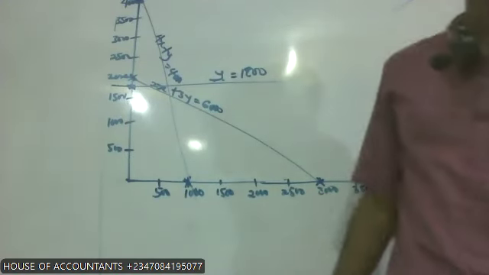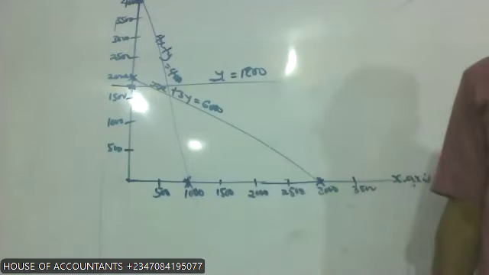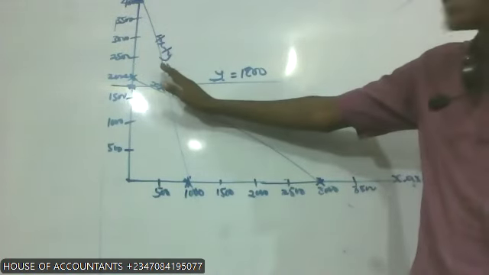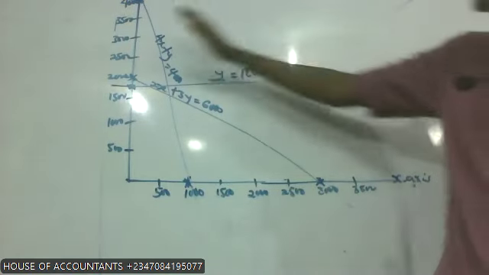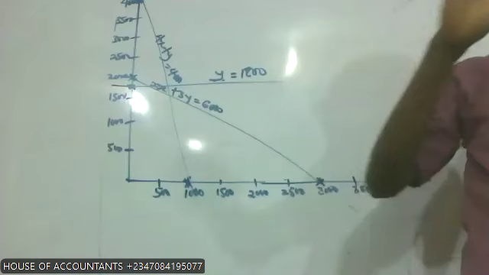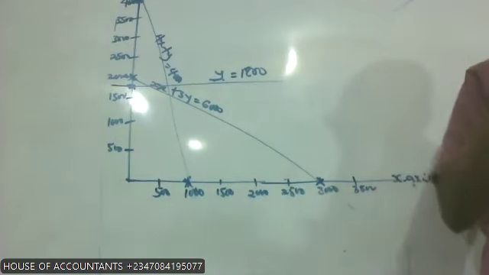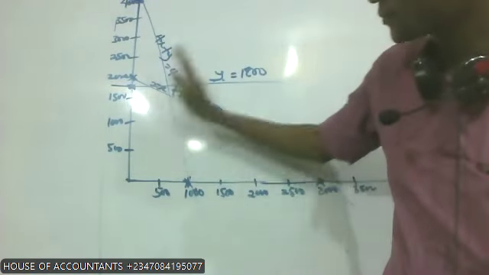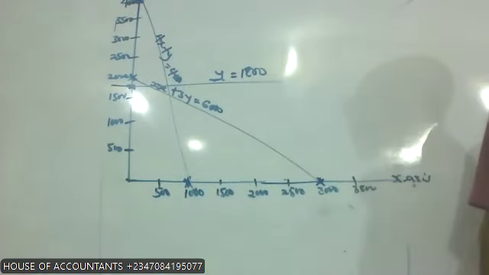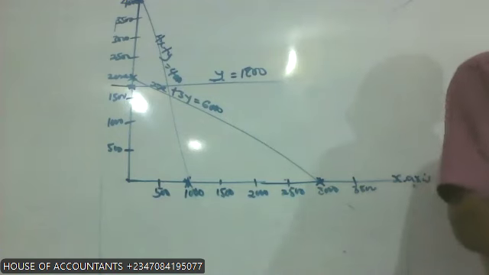If you want to minimize cost, you will shade from here, the outside part, upward. If you want to maximize the contribution of profit, you will shade what? Inside. That is rule number 1 you must understand.